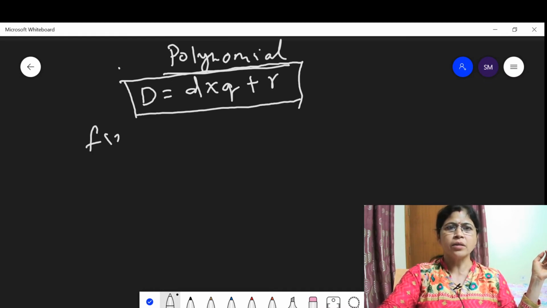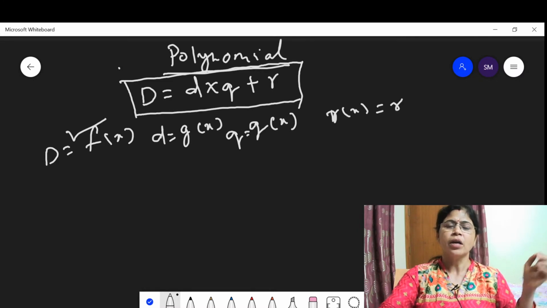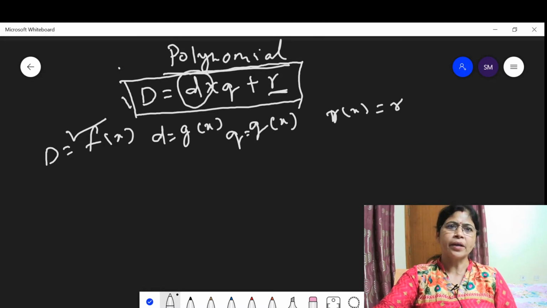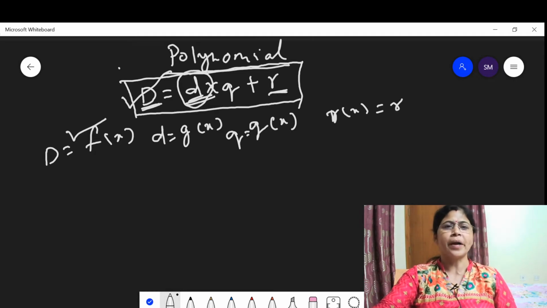Suppose f(x) is the polynomial, and when f(x) is divided by g(x), f(x) is the dividend and g(x) is the divisor, and we get q(x) as the quotient and r(x) as the remainder. When the remainder is 0, this implies that the divisor is a factor of the dividend.